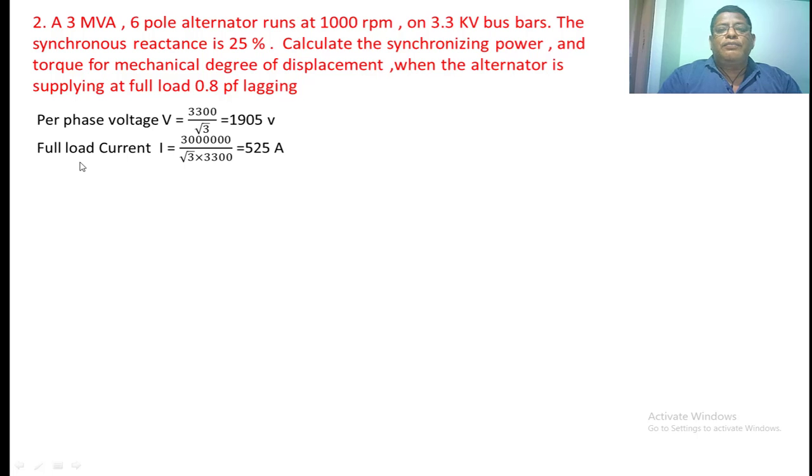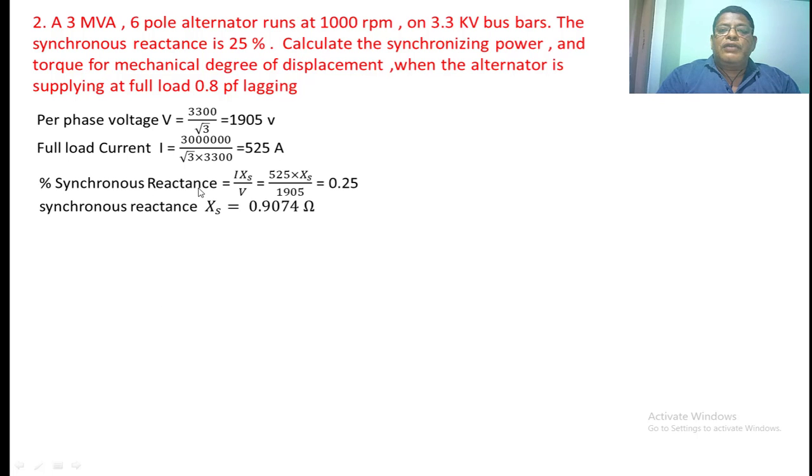First of all, you have to find the per phase voltage. The per phase voltage equal to line voltage divided by root 3, we get 1905 volts. Full load current, the power divided by root 3 VL, we get 525 amperes.